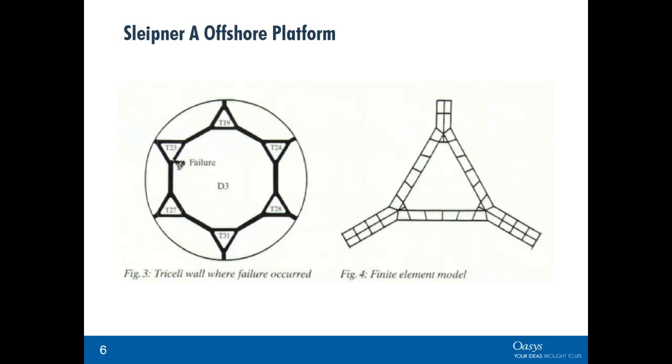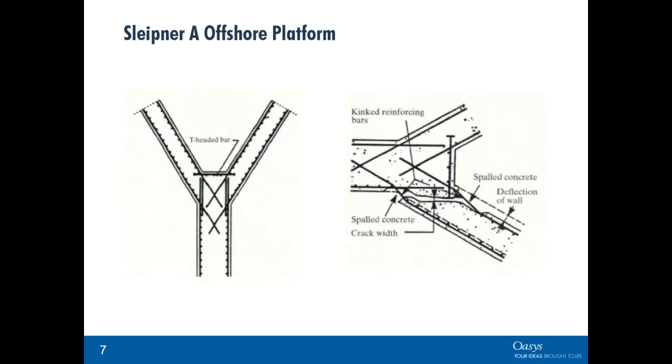Single errors don't always cause disasters, but unfortunately the detailing on the Sleipner was also flawed. Rather than having proper bars where the shear bars went all the way across, they just had these T-headed bar sections, and they failed horribly. So bad detailing and bad analysis combined together to form a design which fails.